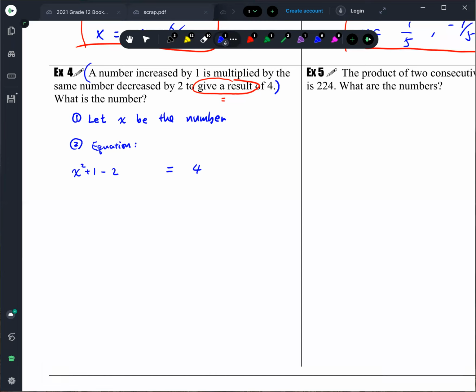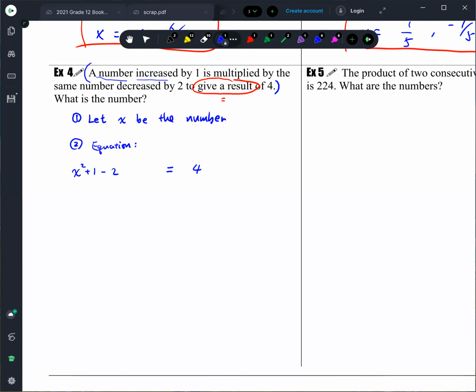A number would be x, and then increased by 1 is the plus 1. And then how come you have a square? Oh, is it 1 squared? Because 1 is multiplied by the same number. Oh, okay, I see what you mean.